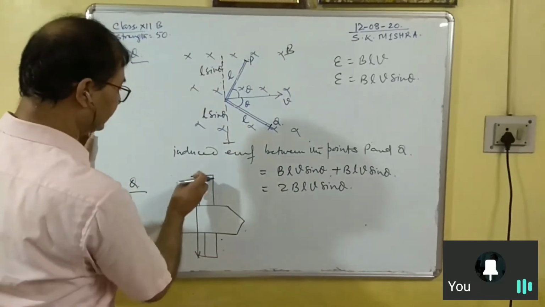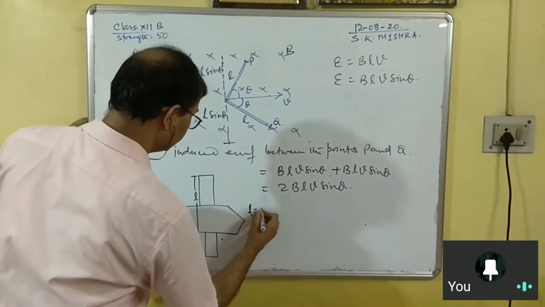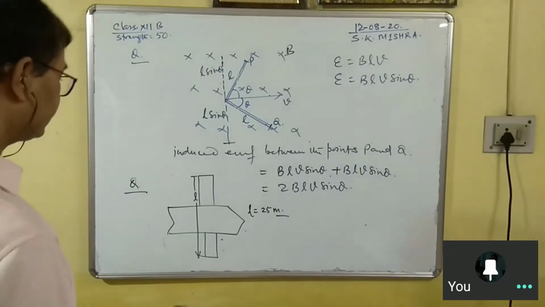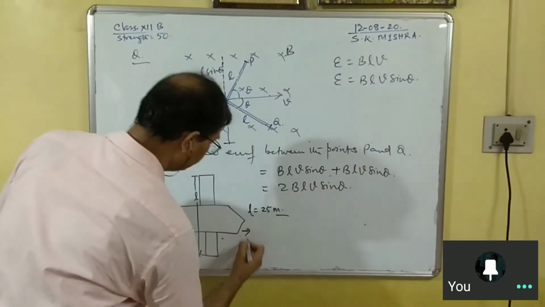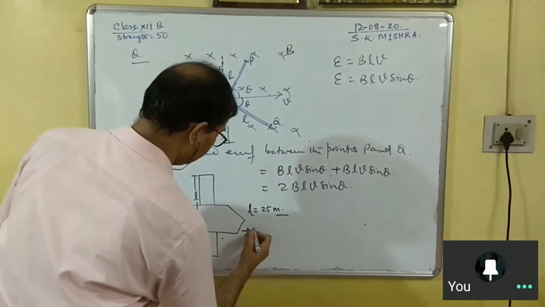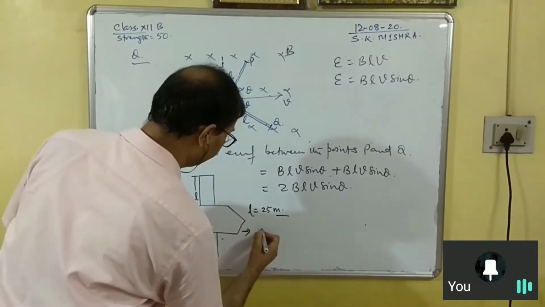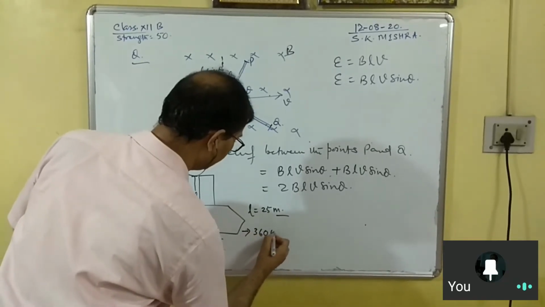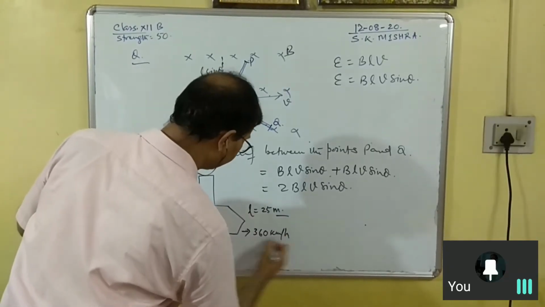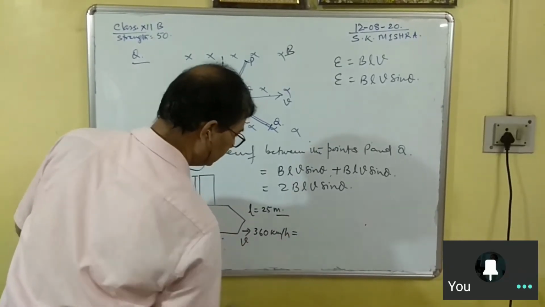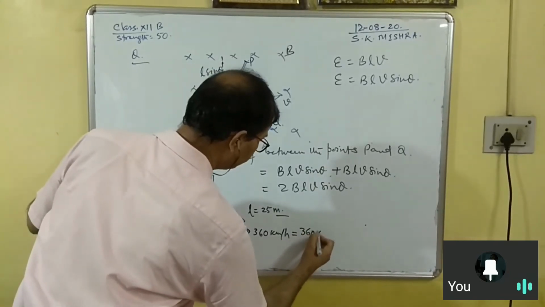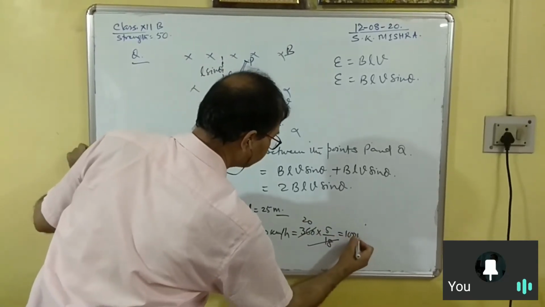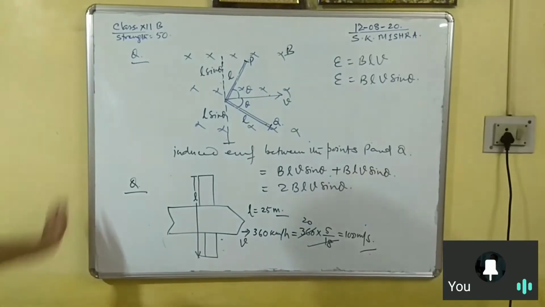The whole length L is given to you, say 25 meter. It is moving with a velocity of, suppose, 360 kilometer per hour. So in meter per second, how much? 360 into 5 by 18. So it's 100 meter per second, the velocity of the aeroplane.